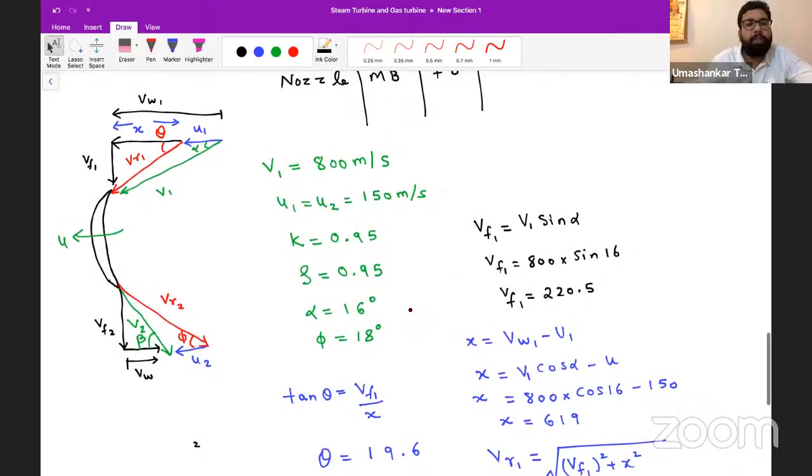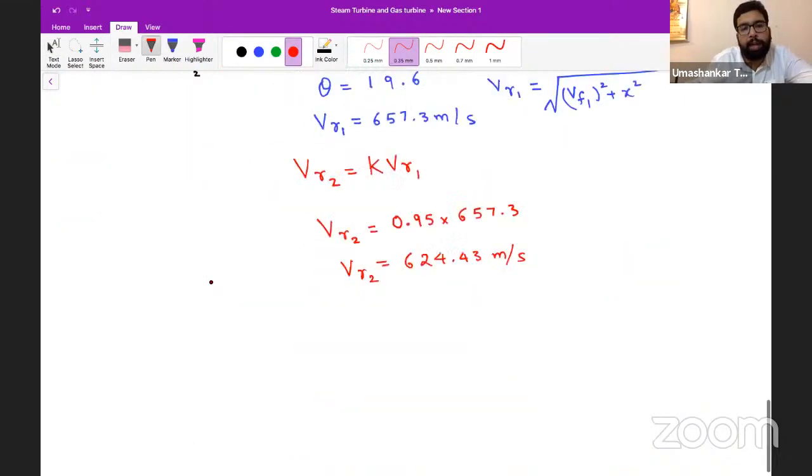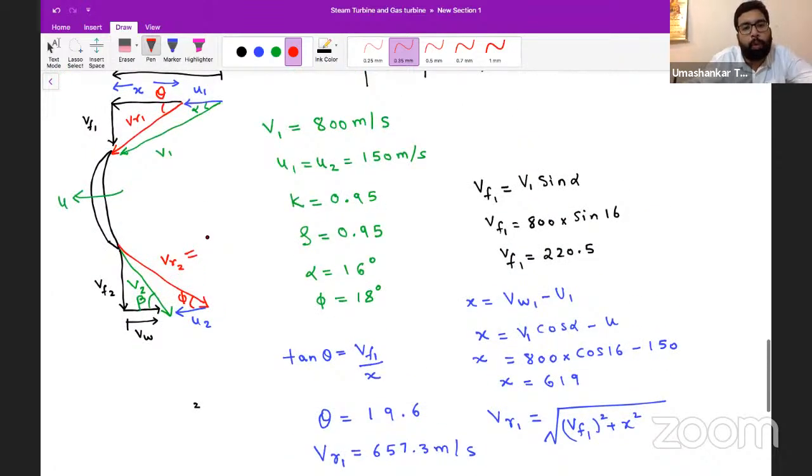So now we have this value of VR2 also, 624.43. Now tell me this: will the steam go to the next series of blades with this relative velocity? Some student might have confusion here in future also.